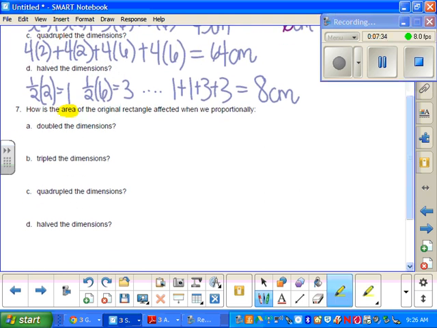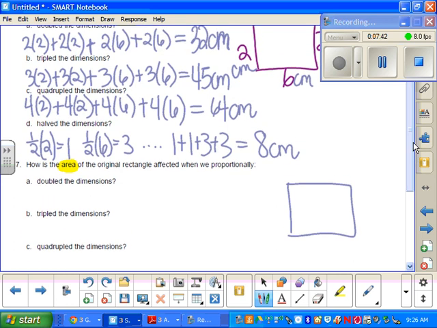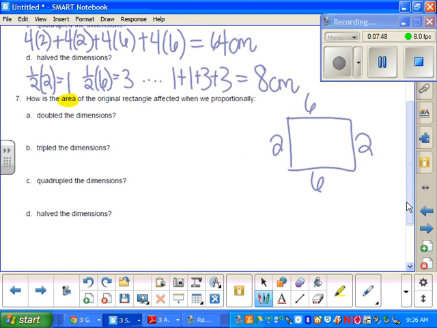And number 7 says, how is the area of the original rectangle affected when we proportionally, first we're going to double the dimensions. We're going to use the same lengths and widths as we used for our perimeter.